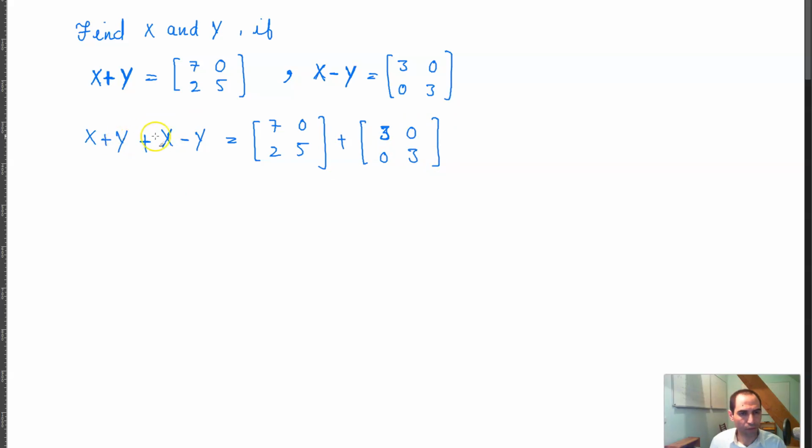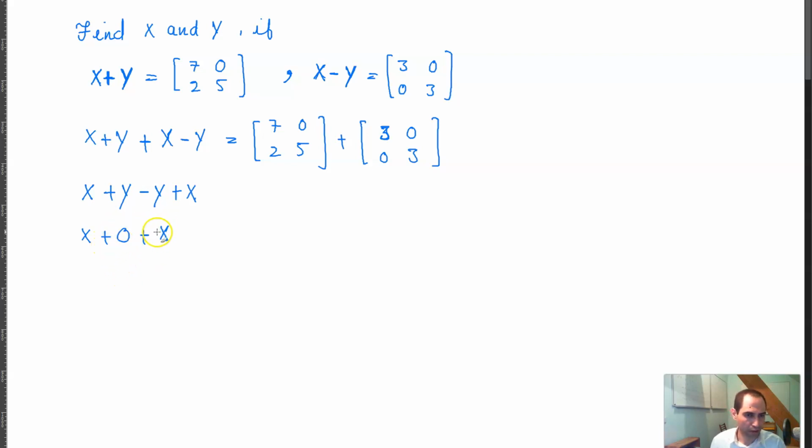And y minus y, basically what I could do is write this as x plus y, and since addition of matrices is commutative, I can write this as x plus negative y plus y, and y minus y is equal to the 0 matrix, so I can write this as x plus O plus x.